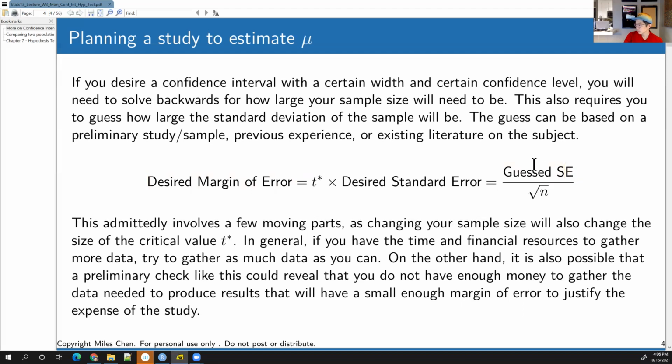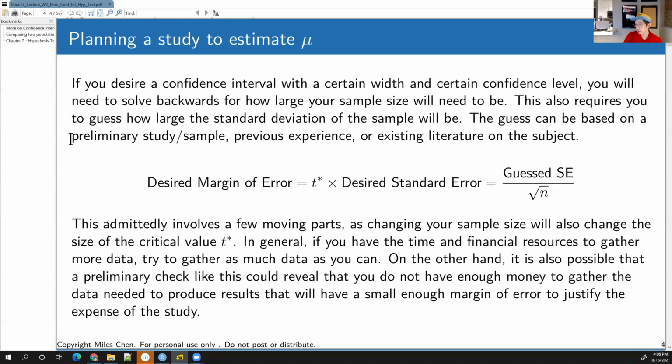Okay, so this requires you to guess how large your standard deviation is, which could be based on either a preliminary study or a preliminary sample, maybe some previous experience, or you could try to look up some existing literature on the subject, right?